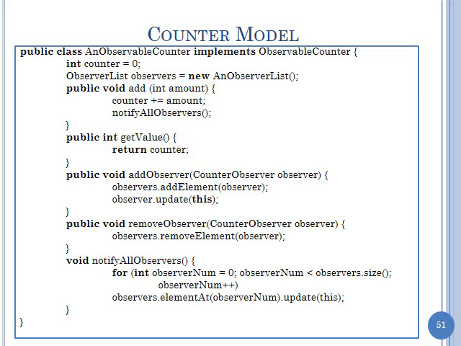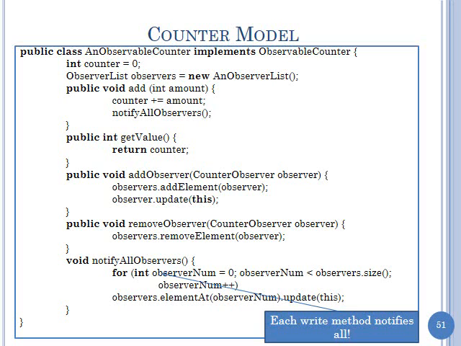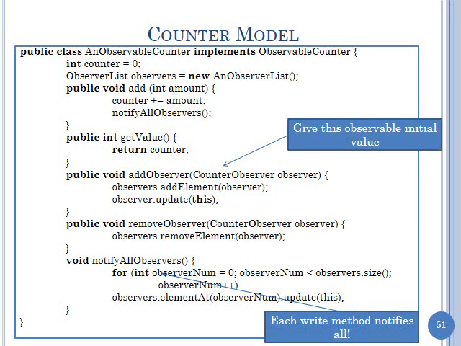So basically, I've just become an observer, and the idea is that the view has only one method to display the model. The method is called every time the model changes, or the first time the view got to know about the model. Either way, it just redraws the whole model in our case. So it's saying, okay, draw yourself with my state. That's basically what's going on. So each write method notifies everybody.